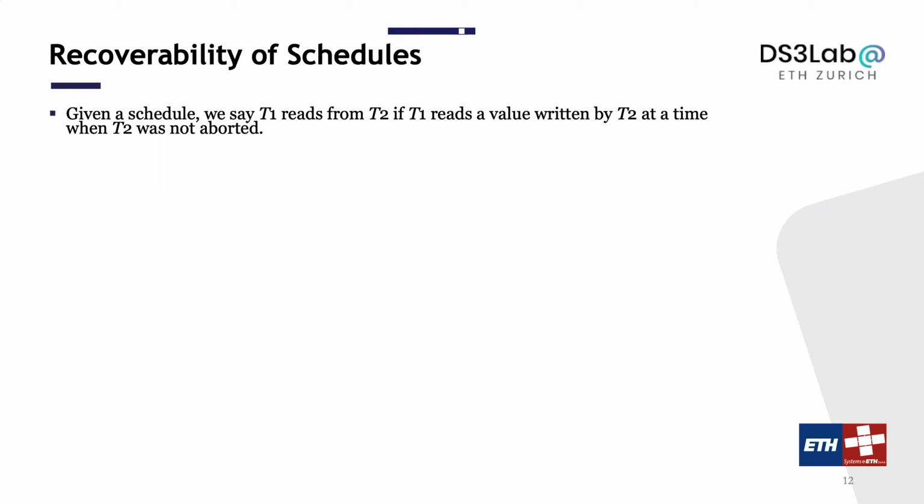T2 right now has not been committed, and then T1 actually reads the value written by T2. We are going to see some examples to make this more concrete, but when this happens, we say T1 reads from T2. This is the thing that we are going to use again and again today.